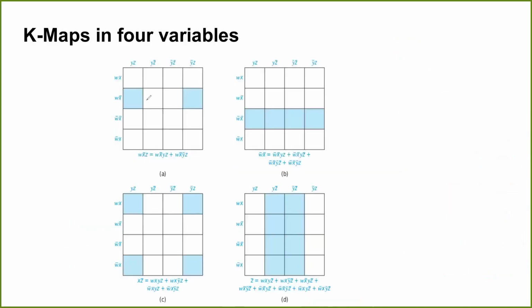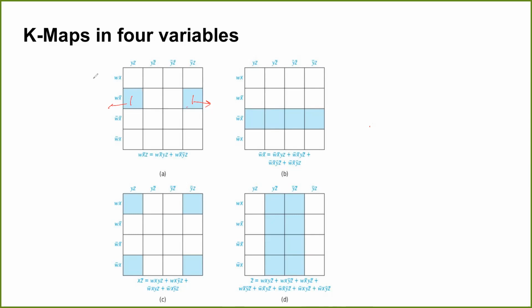You can see this is a valid grouping. So you have W, X bar, Y, Z, and W, X bar, Y bar, Z. What is the equivalent expression?